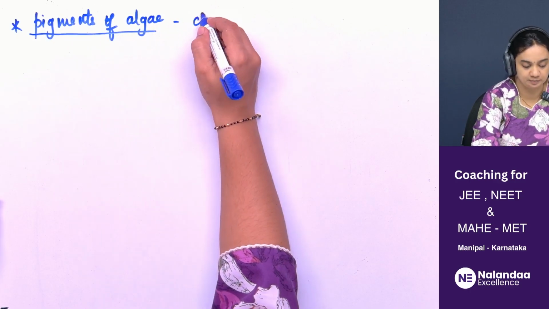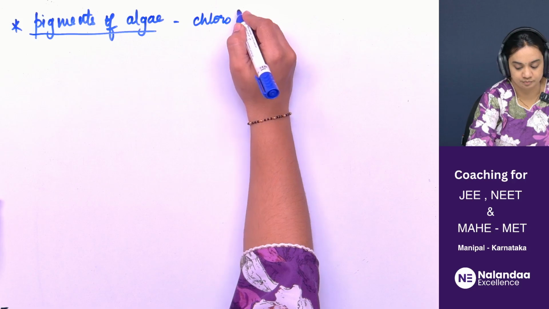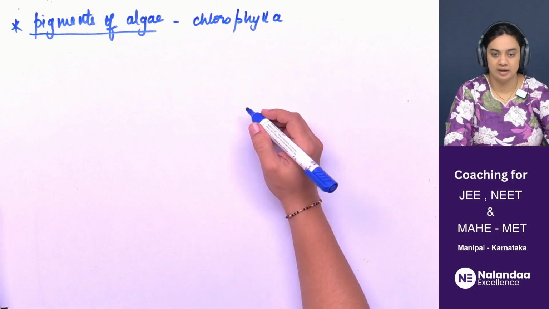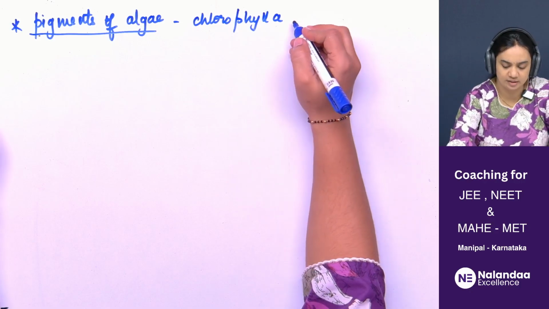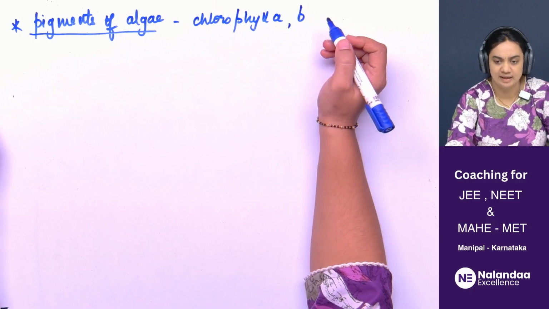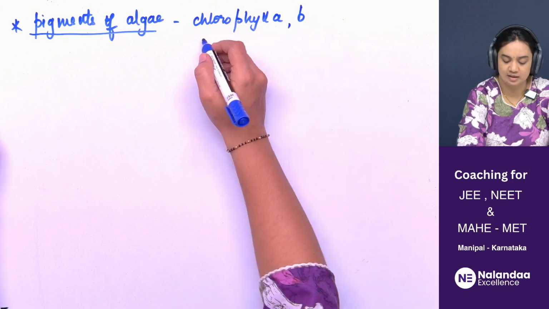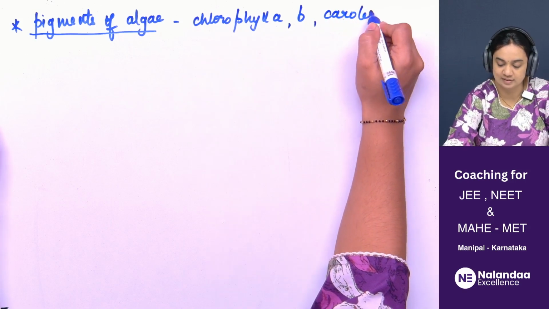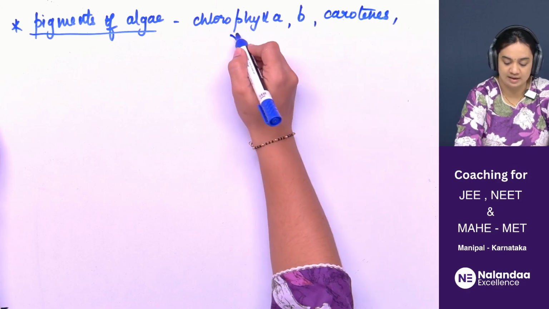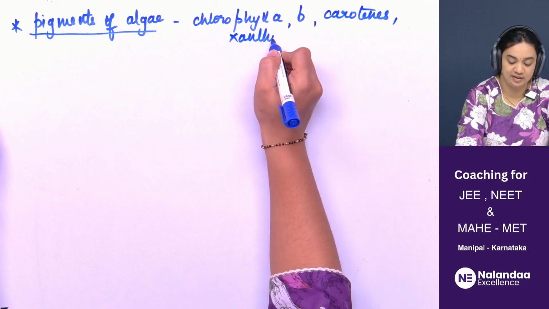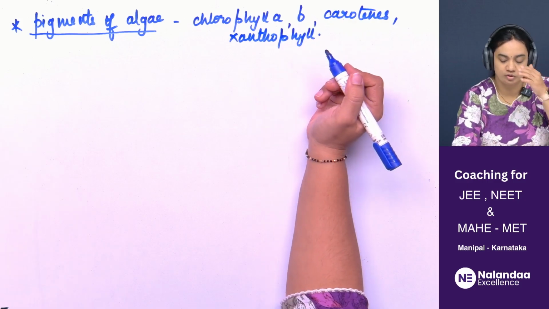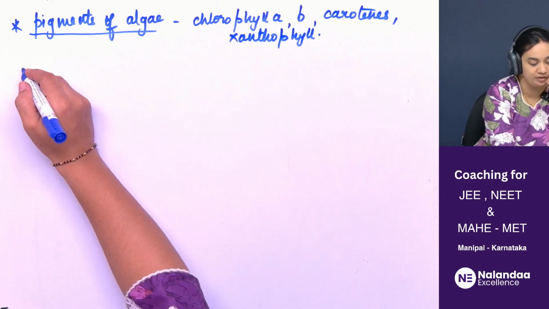Photosynthetic pigments will be chlorophyll A. It's generally chlorophyll A, B, and like that. Then there will be carotenes and xanthophyll. So the photosynthetic pigment is chlorophyll.